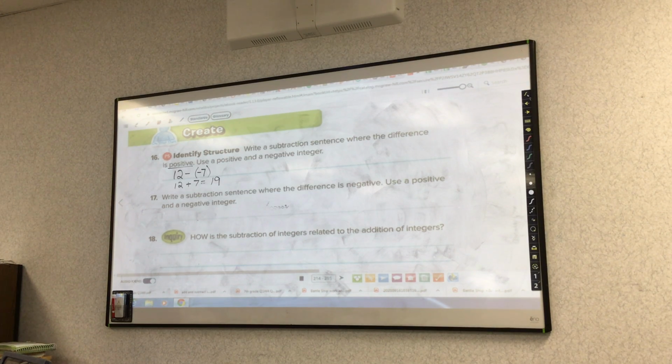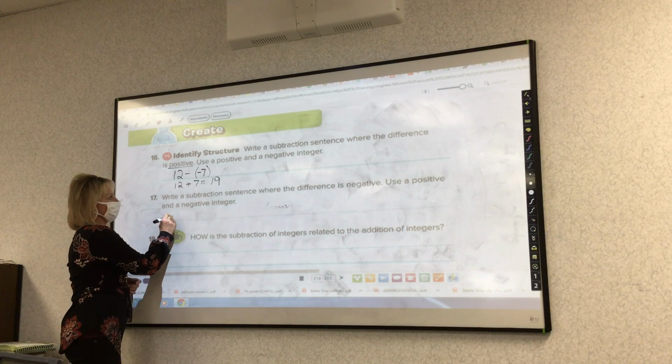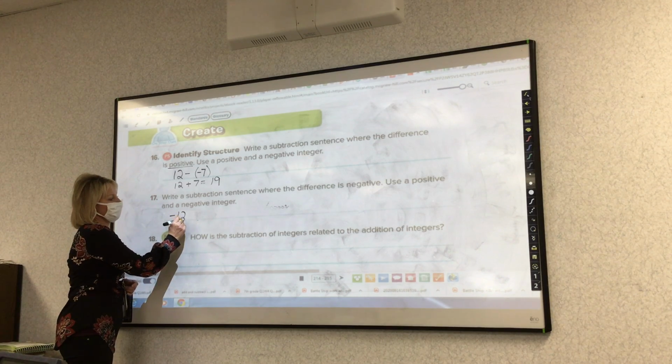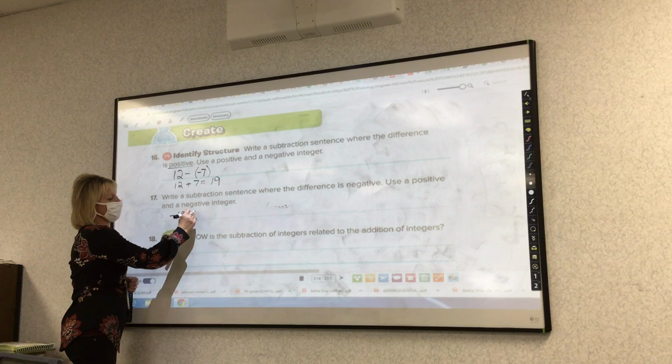There's an example. We came up with a subtraction equation with a positive and a negative number. Good job. Now 17 says to write a subtraction sentence where the difference is negative. So I want my answer to be negative. Use a positive and negative integer. I'm going to start with, let's say, a negative 12. And I'm going to subtract 7.